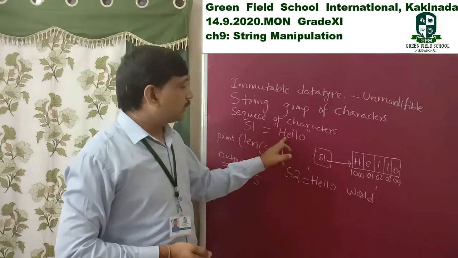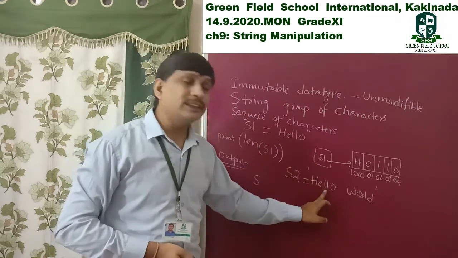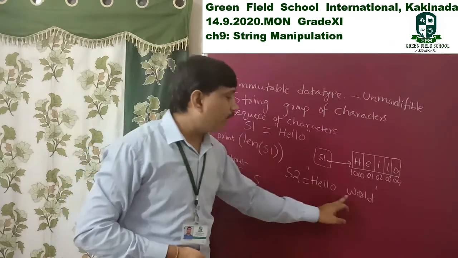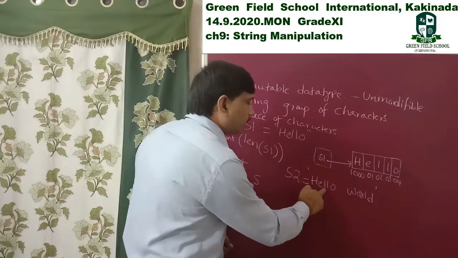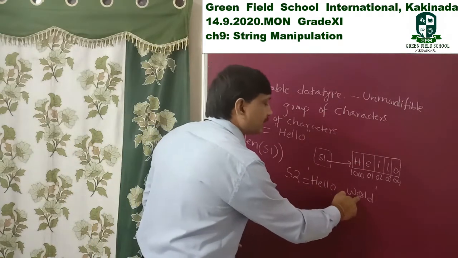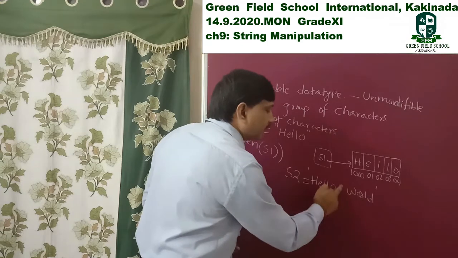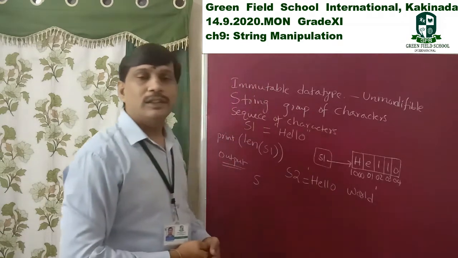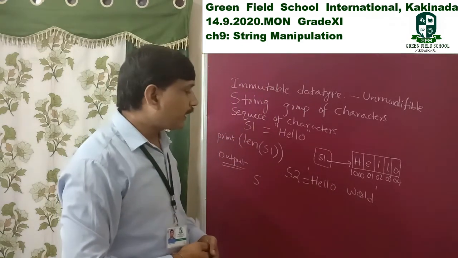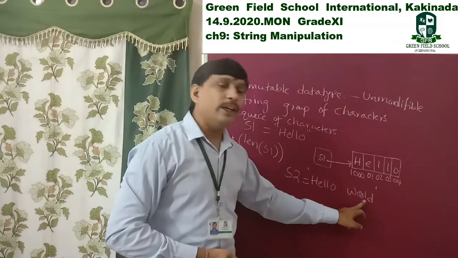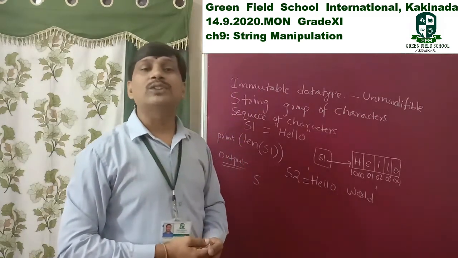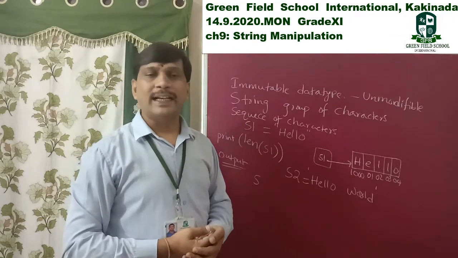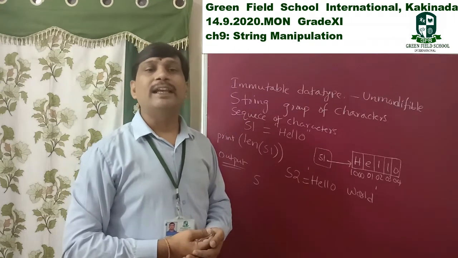See, this one is double quotes. This one is single quotes. I place here hello world. How many characters are there? 1, 2, 3, 4, 5, 6, 7, 8, 9, 10, 11. So total how many characters? 5 plus 5, 10, plus 1 space. Space is also considered as one character. That is called an empty string.